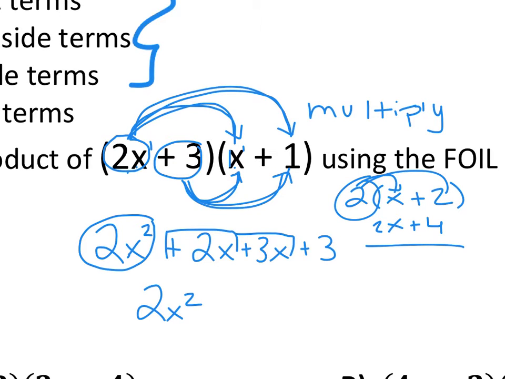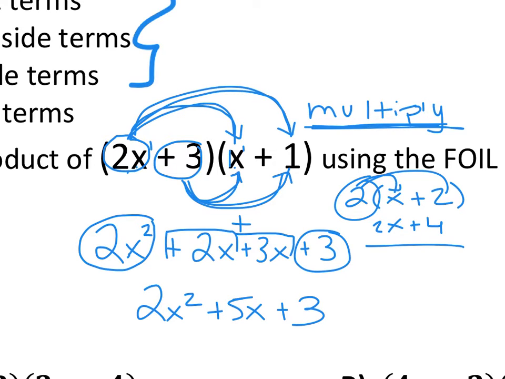Now, be careful. Before you were multiplying, now what operation are you doing with the 2x and the 3x? You're adding them together because that's what it says, 2x plus 3x. So that's 5x. And at the end, there's no other constant I can use, so it's just 3 at the end.